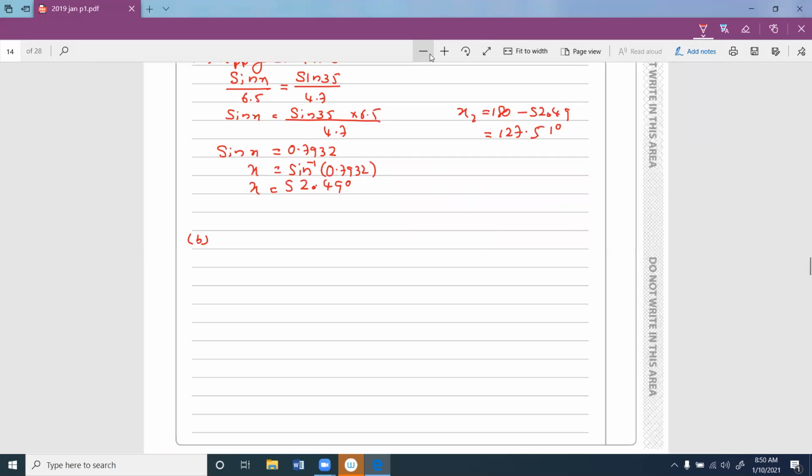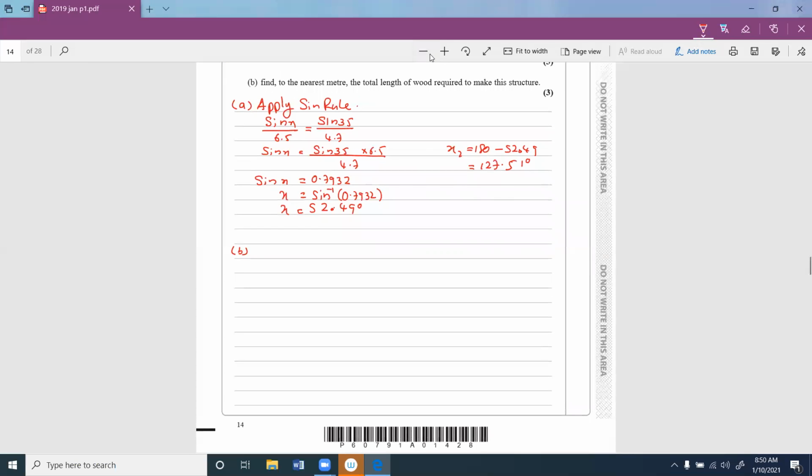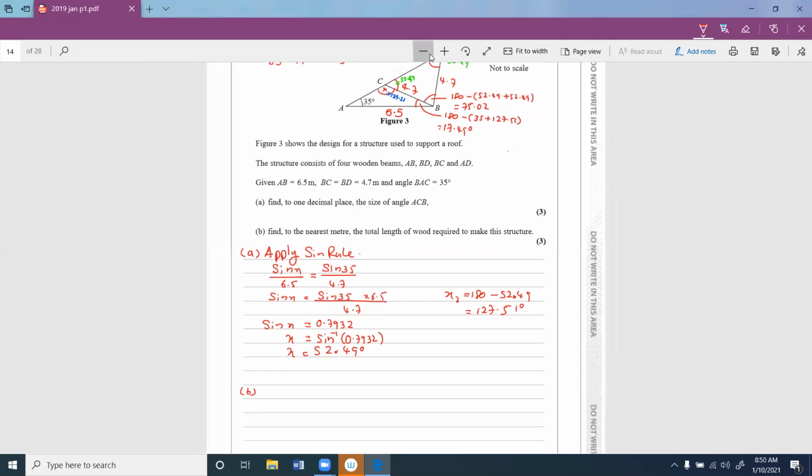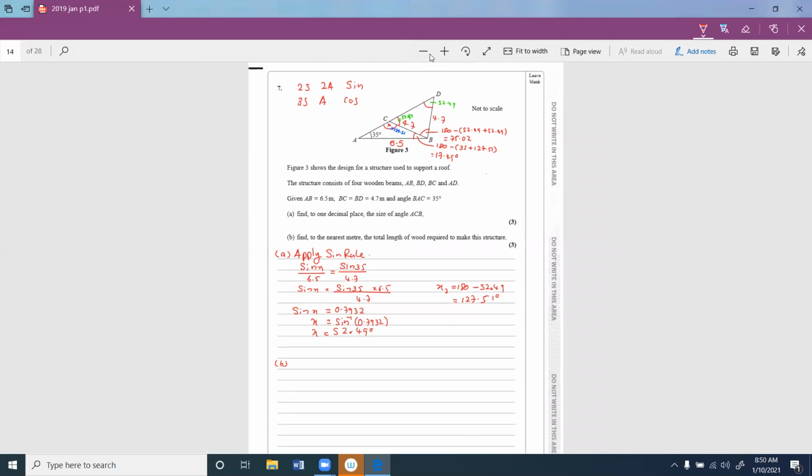Just make it a little bit smaller, then I can see the entire diagram at once. Now you can see this angle is 17.49 plus 75.02.